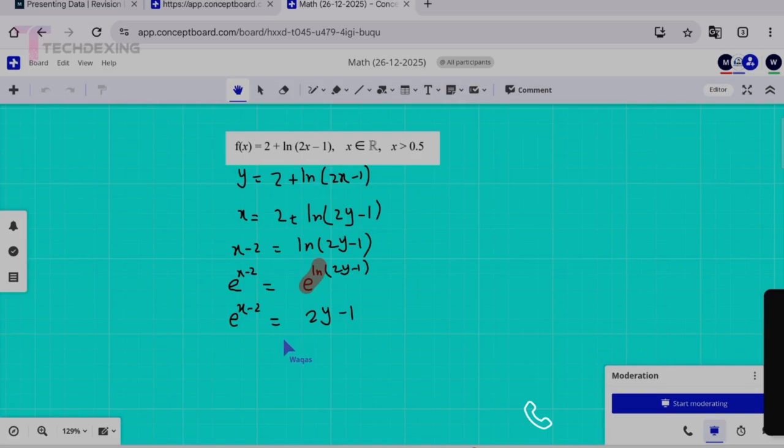Okay, so after that, because we want to find the value of y in order to get the inverse function, it becomes e to the power of x minus 2 plus 1 equals 2y.